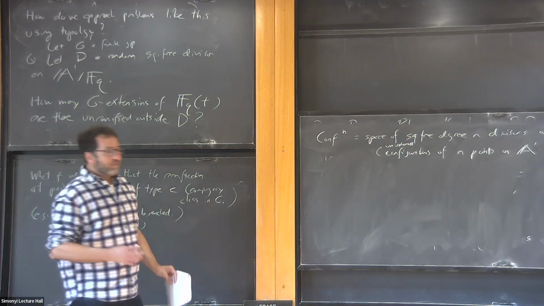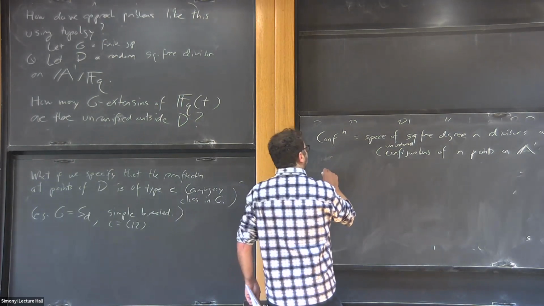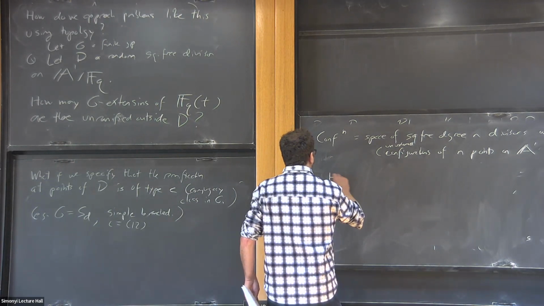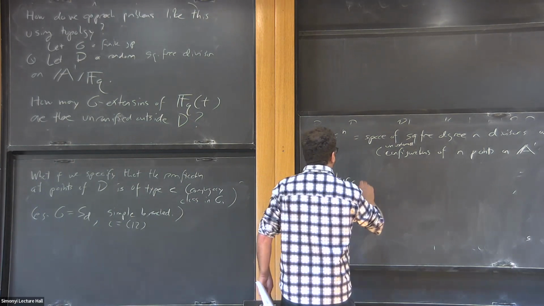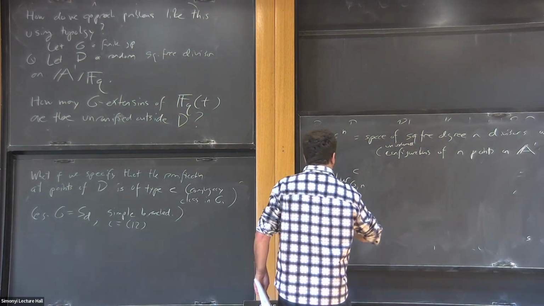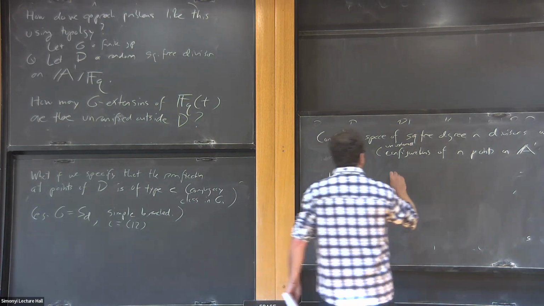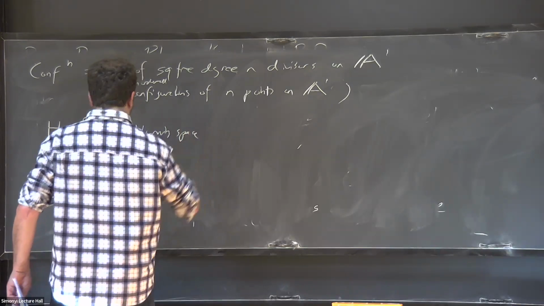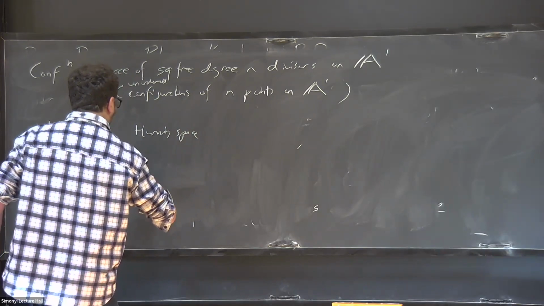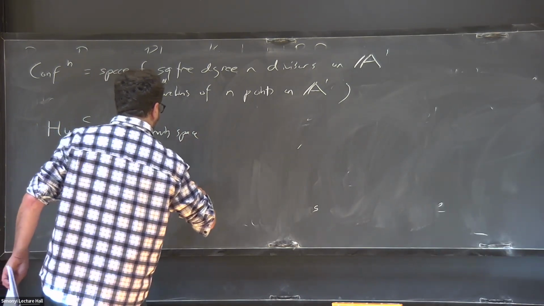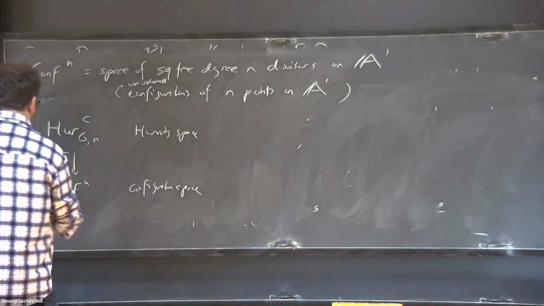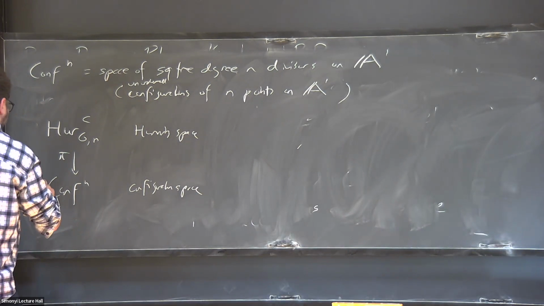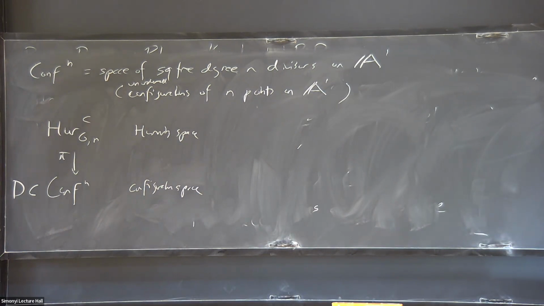So the picture you should have in mind is some finite cover, we'll call it Hur G,C, and it maps to Conf n. This is called a Hurwitz space. This is configuration space. Let's call this pi. And then our square-free divisor is a point on here.